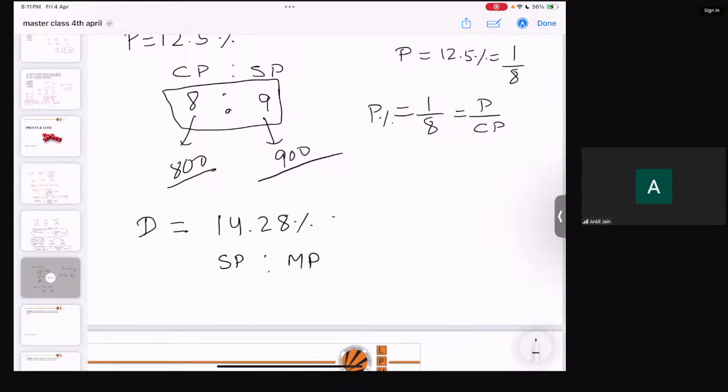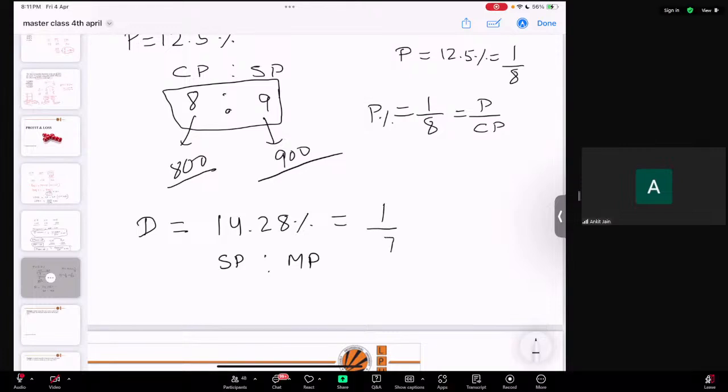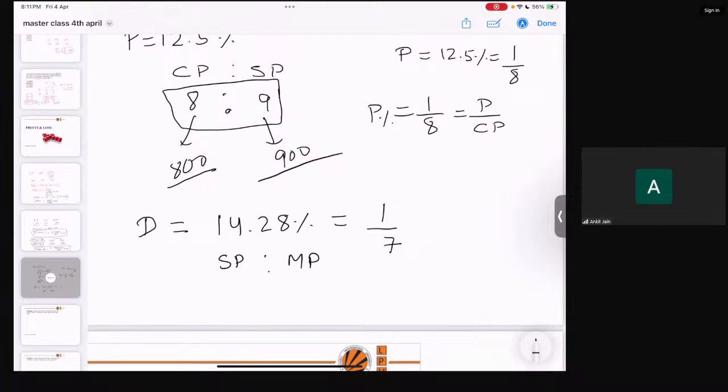Yes, 14.28% is 1 by 7. Discount percent is discount upon mark price. So mark price is 7. After a discount of 1, the selling price is 6. So the ratio is 6 to 7. So we convert this discount percentage into ratio. Simple.